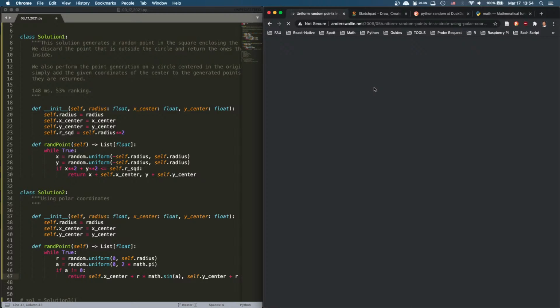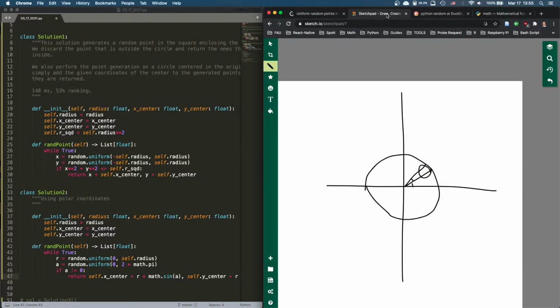Okay, so the basic idea, I think, is that what we're trying to do is to find the distribution that is pi r squared, all right? So we need to find a distribution that fits pi r squared.